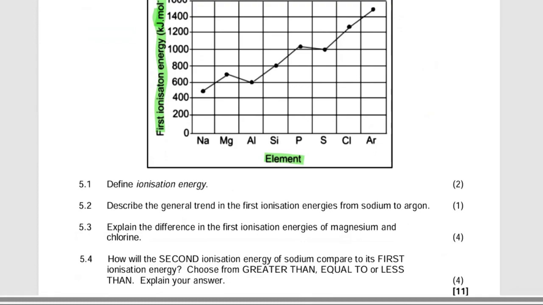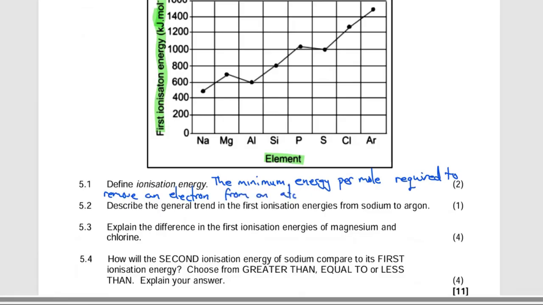So it's defined as the minimum energy per mole required to remove an electron from an atom in the gaseous phase.